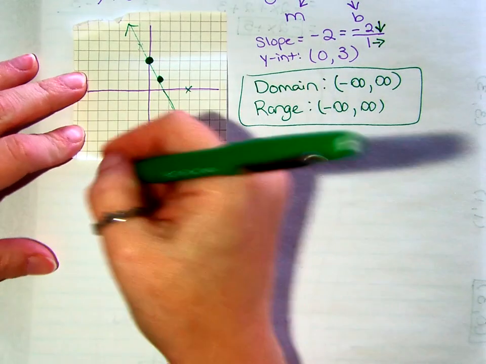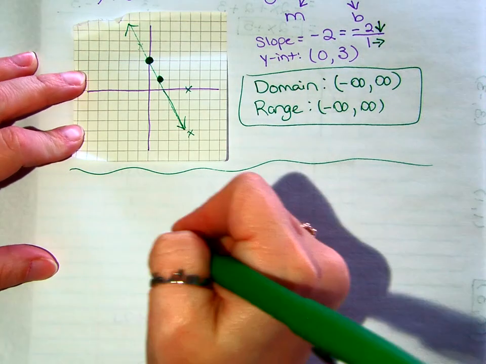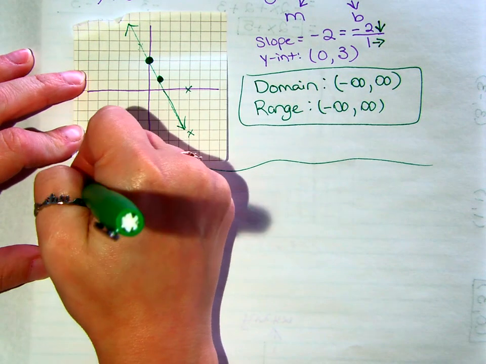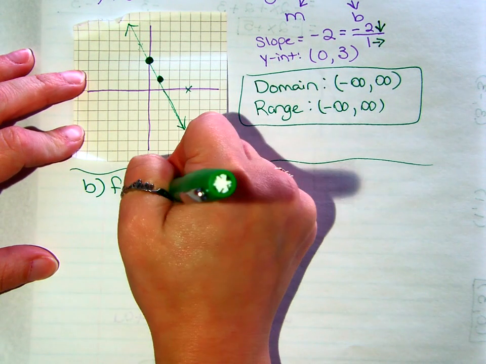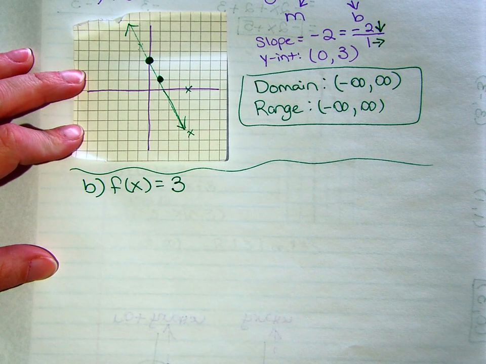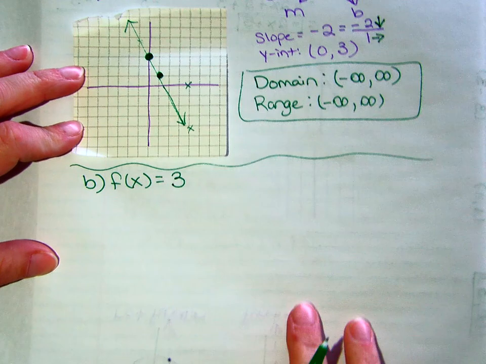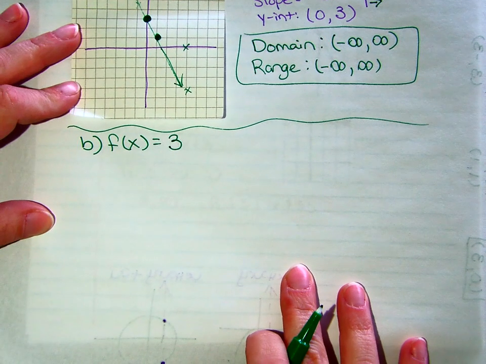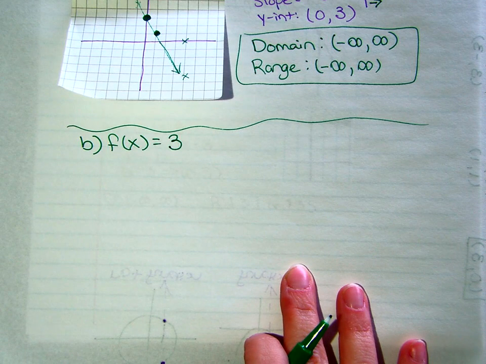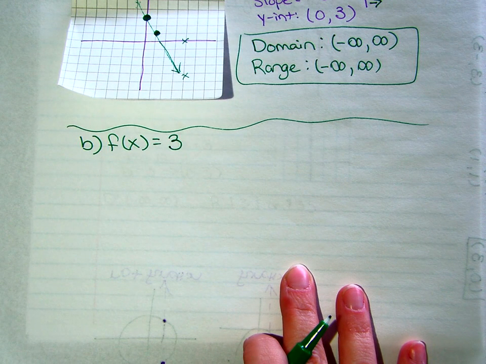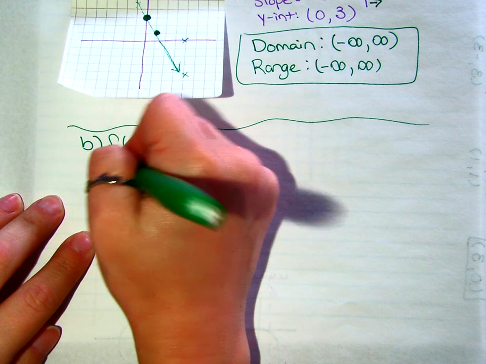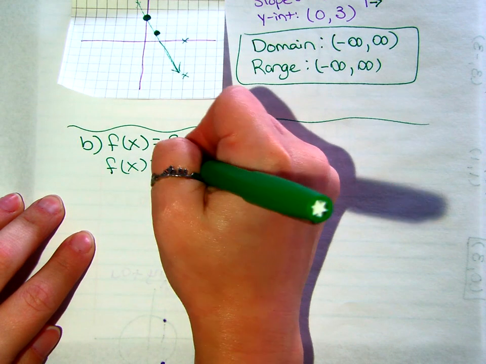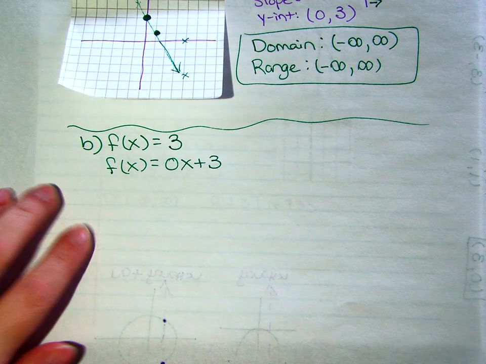We're going to do B, where we have f of x equals 3. Notice this one doesn't have an x term. If you want to, you can rewrite it as f of x equals 0x plus 3, because when you take 0 times x, it goes to 0, which means it goes away.